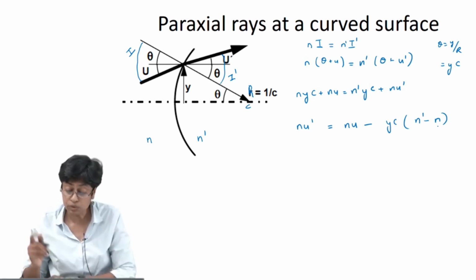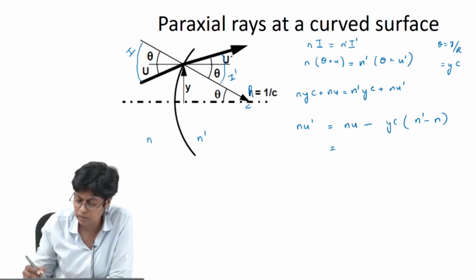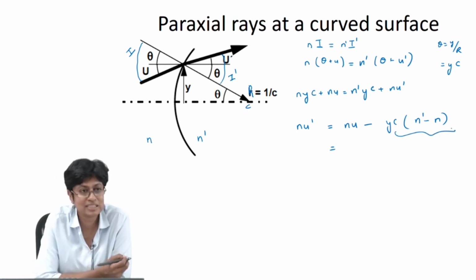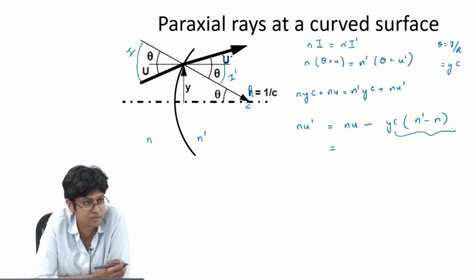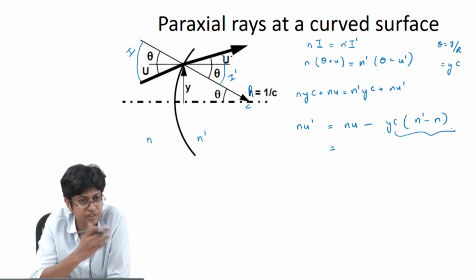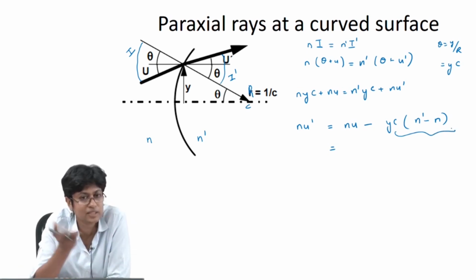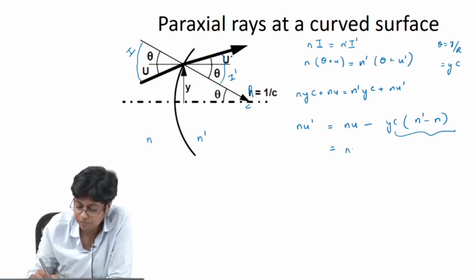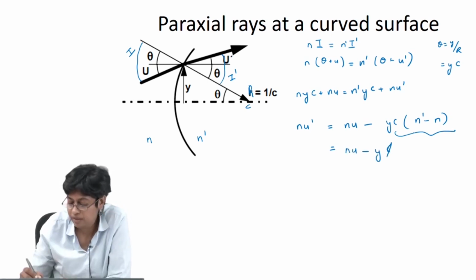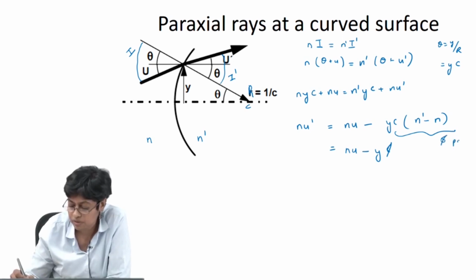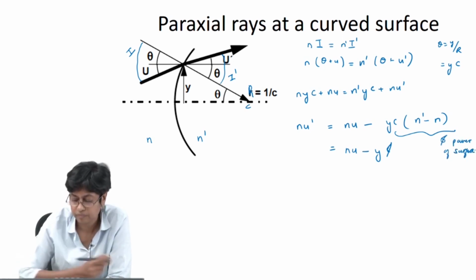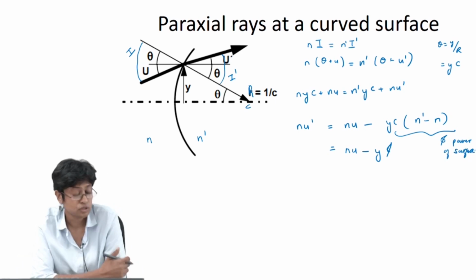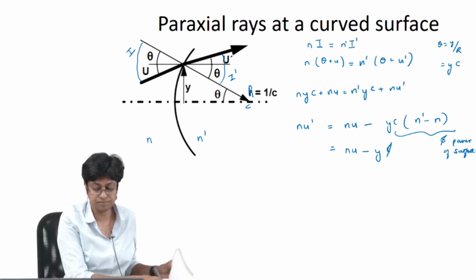And I could further simplify this because I recognize that this, in a sense, is the power of this interface, because it takes into account the refractive index difference on either side as well as the curvature of the surface. So I could write this more simply as this, where phi represents the power of this surface. So this is another equation that I would use.